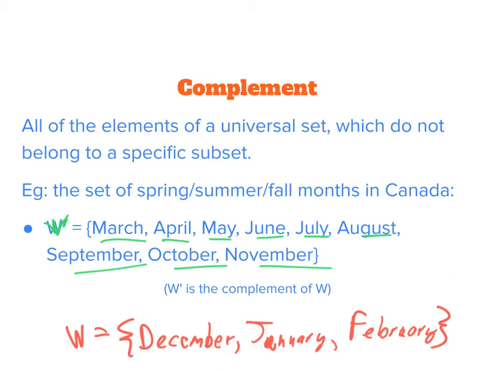It's everything that is in the universal set other than the things that were listed in the set W. And to show that, we use this prime notation here. So W prime is the complement of W. So this is complement notation. It's everything from the universal set that was not in the set W.